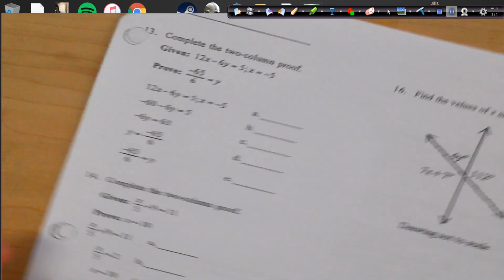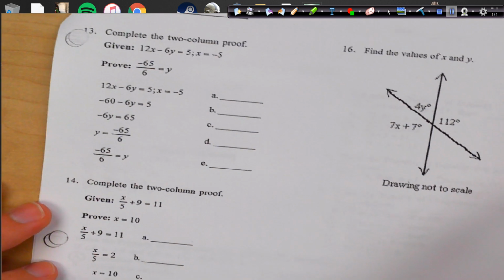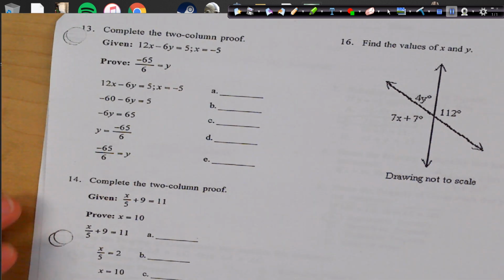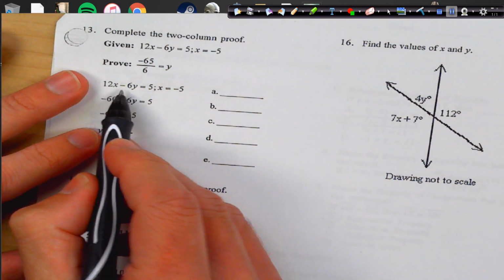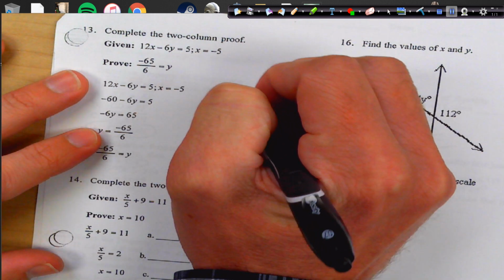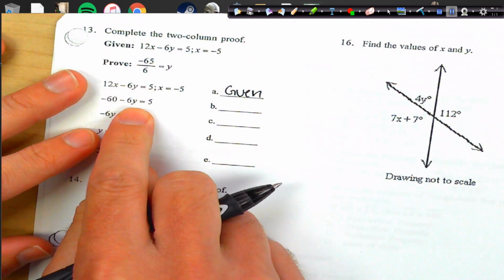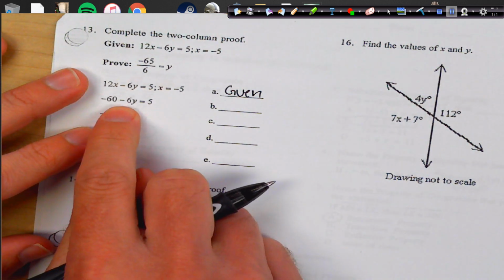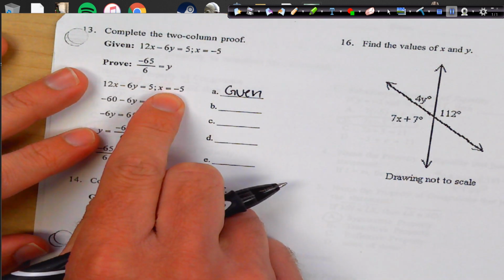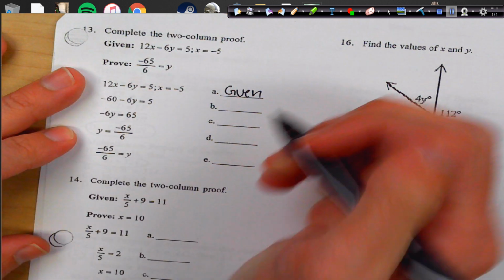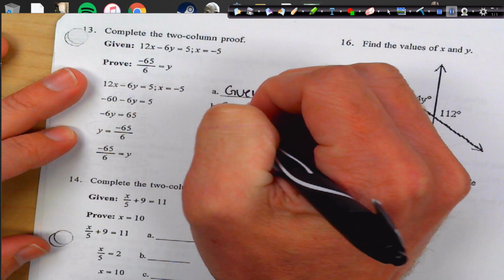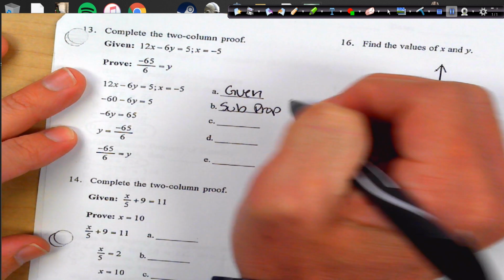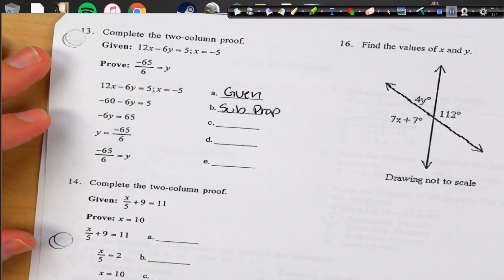Flip it. Number 13. Complete the two-column proof. So we are doing an algebraic proof. Okay, so this first step here is given. Next, we see that we went from this statement to this statement. We plugged in what x equaled and multiplied, but that would be substitution property.